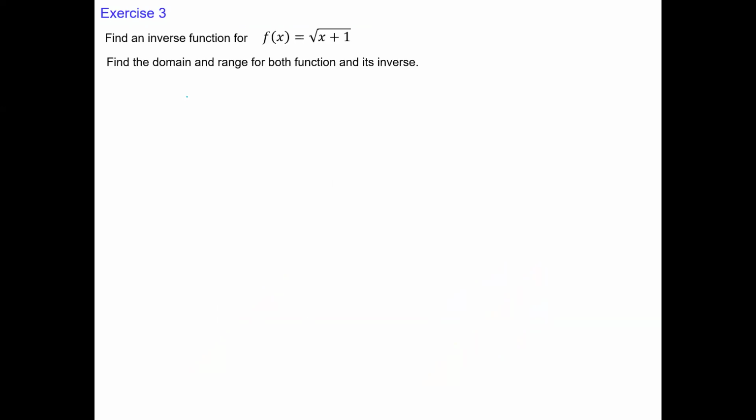Based on the graph, because we know the fundamental function square root of x, plus 1 means that we just go 1 unit to the left. That means this is the graph of square root of x plus 1, and it's definitely one-to-one. Yes, no problem.